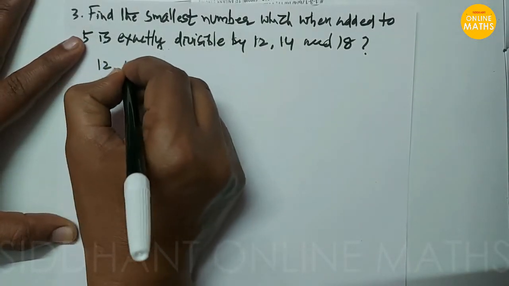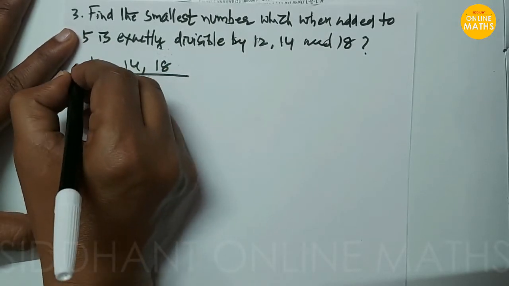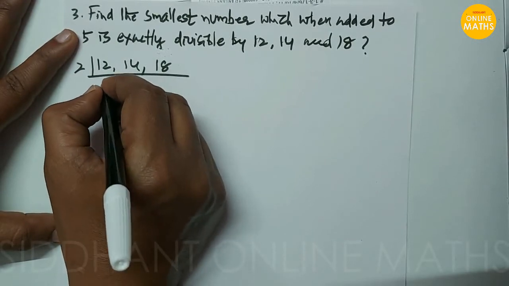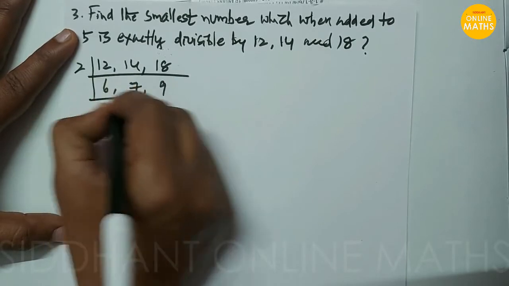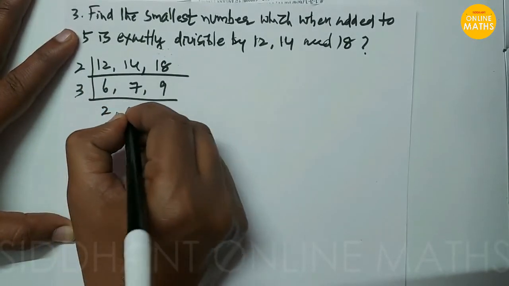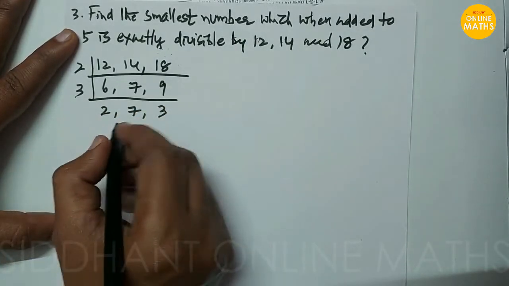So 12, 14, 18. When you take the LCM, it goes with 2: 6, 7, 9. Then it goes with 3: 2, 7, 3, and there is no common factor.